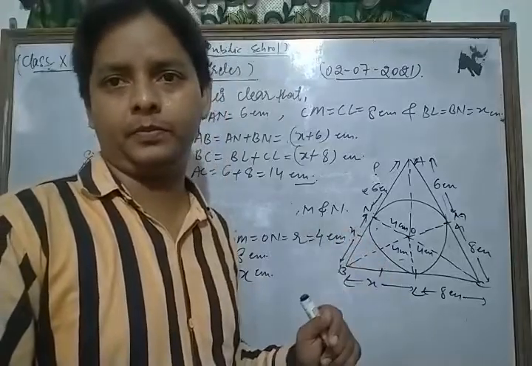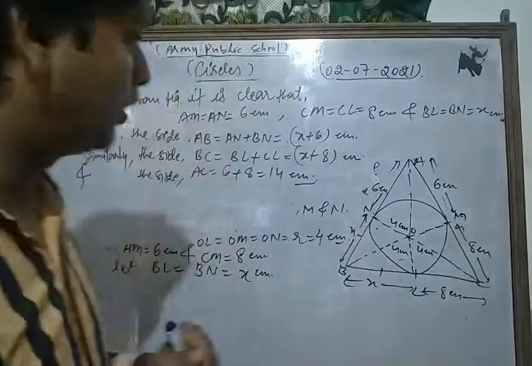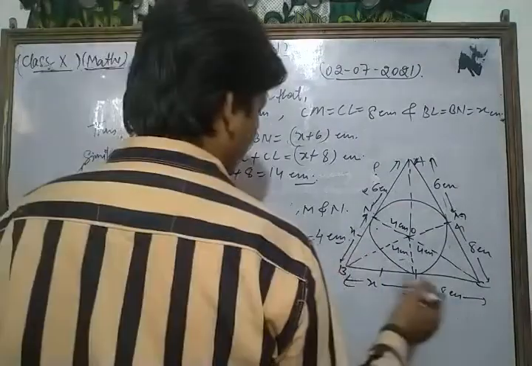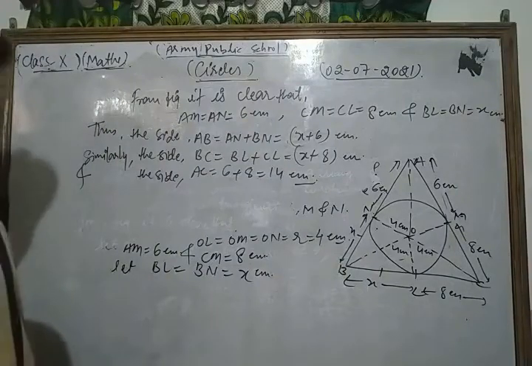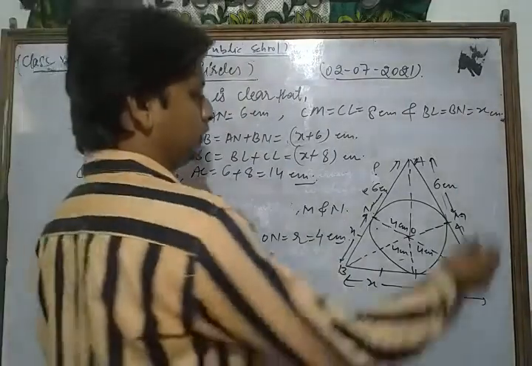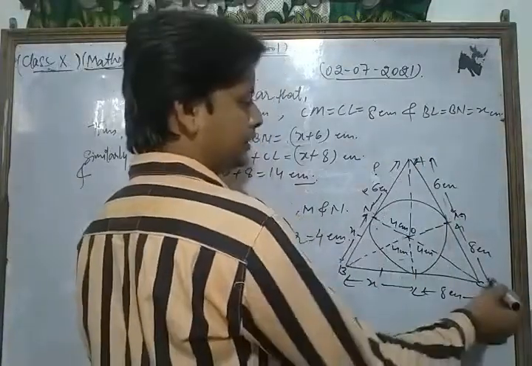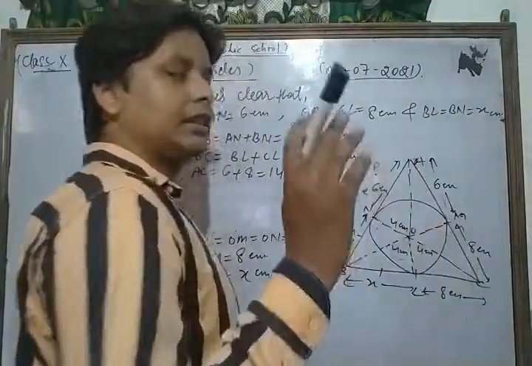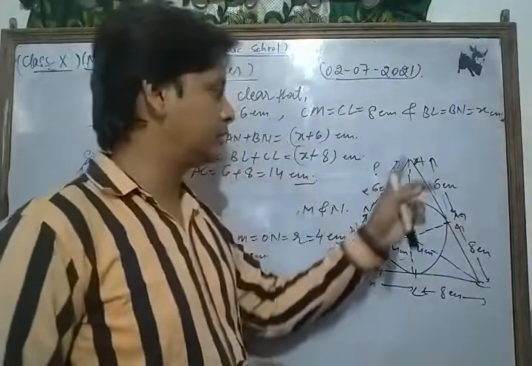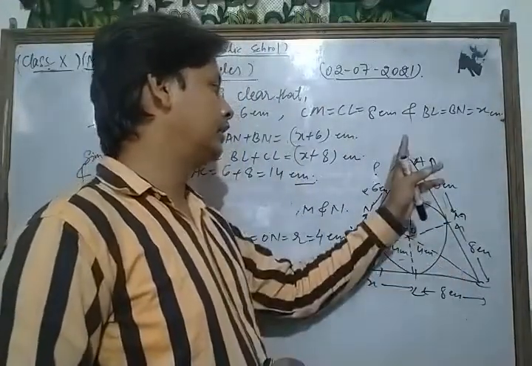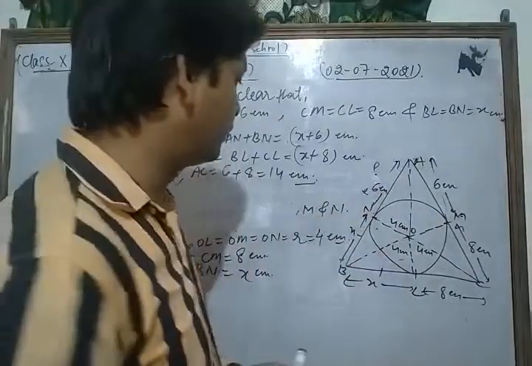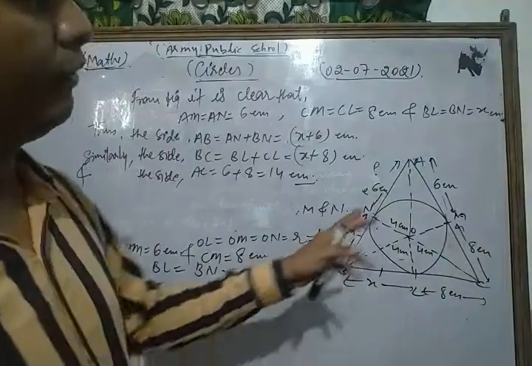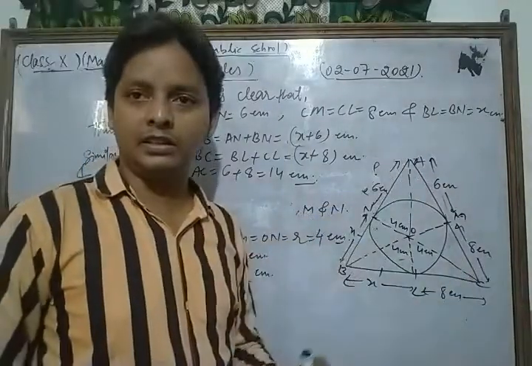Now dear students, according to the figure, the area of triangle ABC is equal to the sum of the areas of three triangles, meaning triangle AOC, triangle BOC and triangle AOB. So we apply that concept. First of all we find the area of the whole triangle ABC. Okay, let's see.